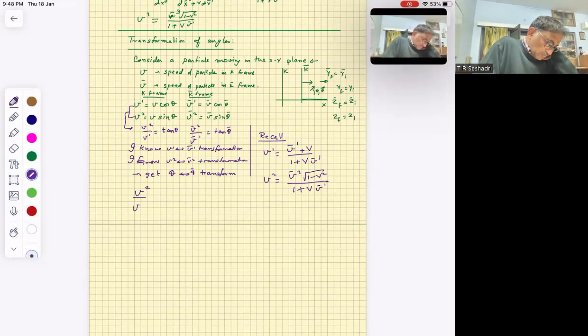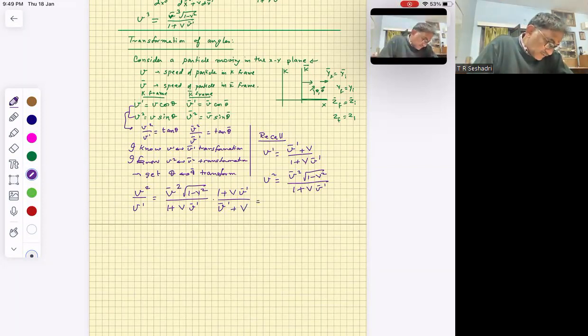V2 by V1 is equal to v bar 2 times the square root of 1 minus v squared over (1 plus v bar 1), into (1 plus v bar 1) divided by (v bar 1 plus v).